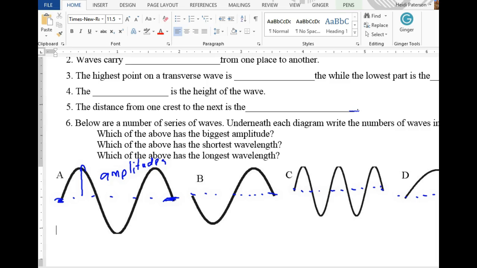Okay. Wavelength. What do you measure? How long is it, like between the two waves? Okay. So when you're doing that, be consistent. That's my greatest piece of advice for you here. If you choose to measure from the top of the crest to the top of the crest, stay with that. If you choose to measure from the bottom of the trough to the bottom of the trough, keep that.